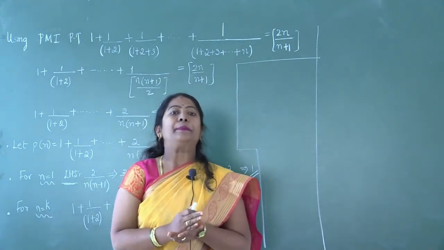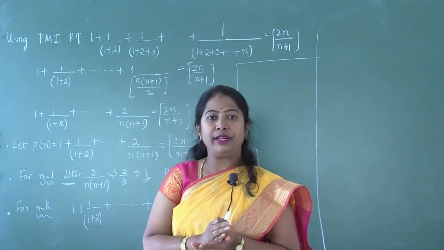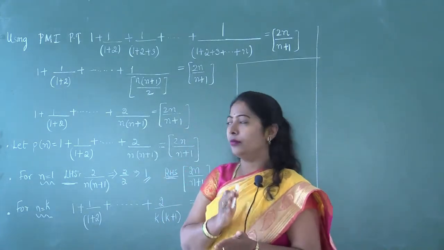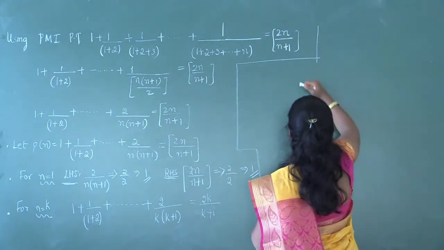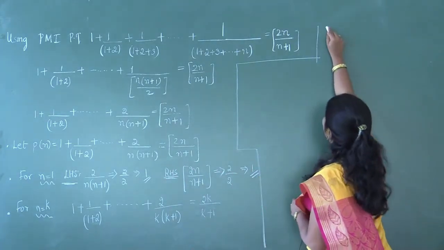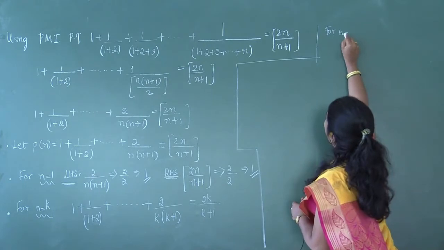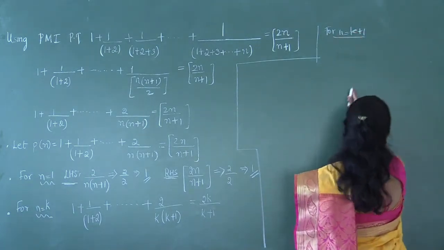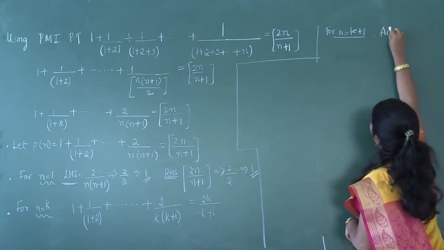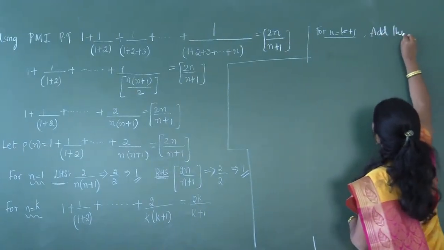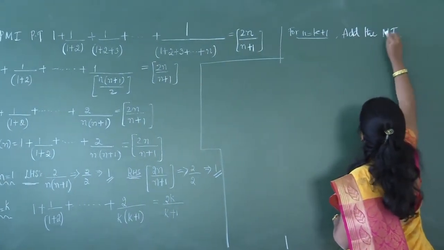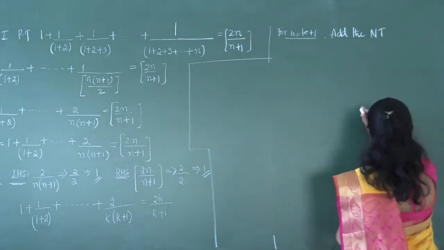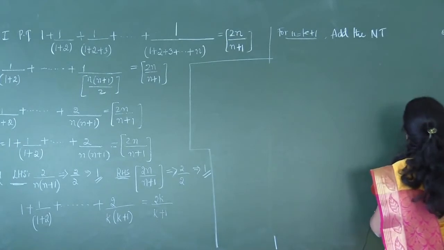For the last step, step number 4, for n equal to k plus 1, I need to add the next term on both the sides. We don't know what is the next term. I am supposed to add the next term on both the sides.